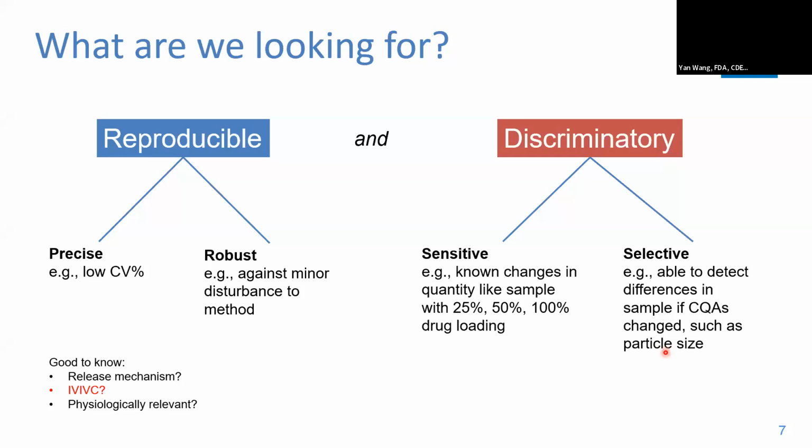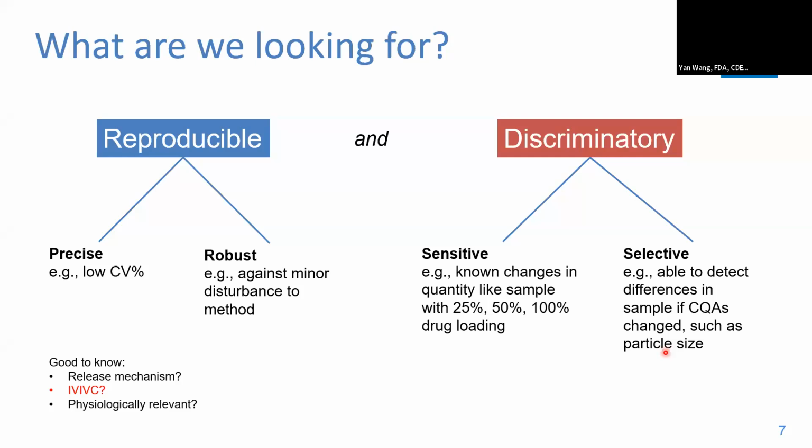We do recognize sometimes it can be challenging, right? It depends on how much change you introduce, whether your method will be able to pick it up or not. But the bottom line is we want to see enough rationale and justification. Even if you have to propose a bigger change to demonstrate or validate your IVRT, you need to give us enough justification why that range is reasonable, so we can go from there.